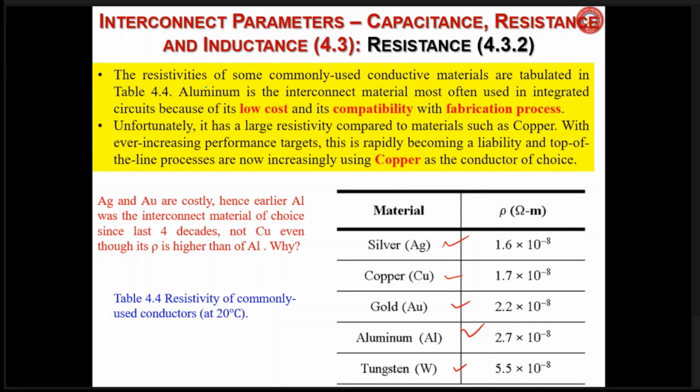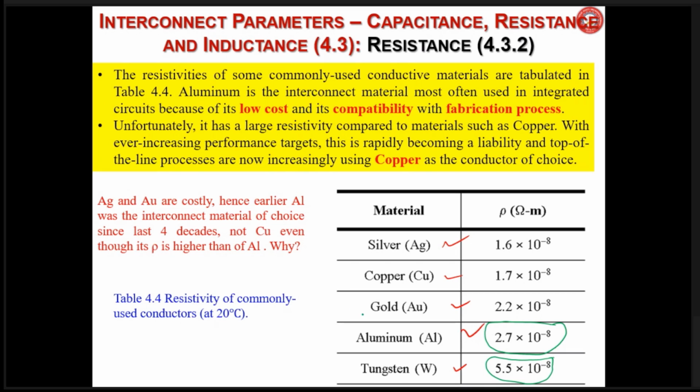The resistivities of some commonly used materials are given here: silver 1.6 times 10⁻⁸ ohm meter, whereas aluminum is more, 2.7. Tungsten is even more, so tungsten is only used for the bottommost via, not otherwise.